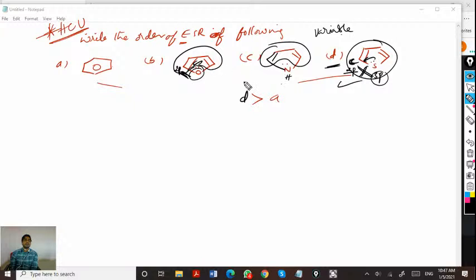So the variable is oxygen, and the variable is nitrogen. Among oxygen and nitrogen, which is more electron donating, or which is less electronegative? Nitrogen is less electronegative when compared to oxygen. Since oxygen is more electronegative, it will donate less when compared to nitrogen. So the one which donates more will have more electron density and will react more. So this will be more when compared to this.